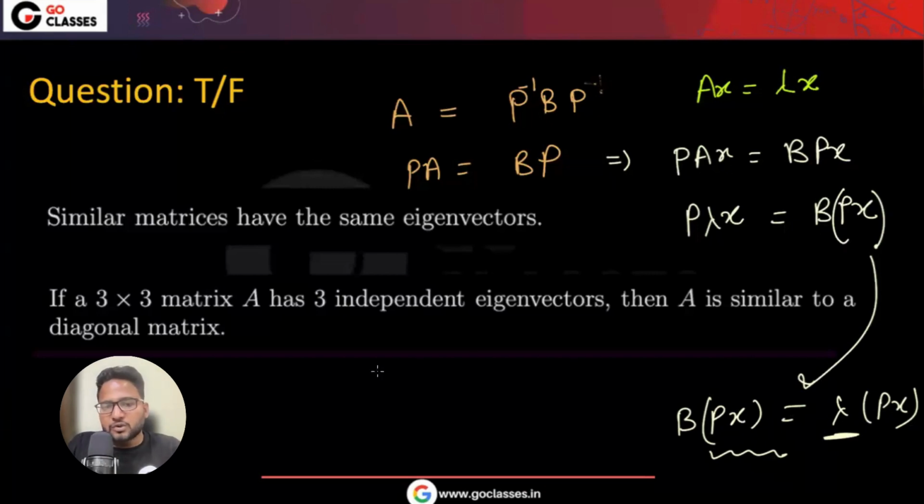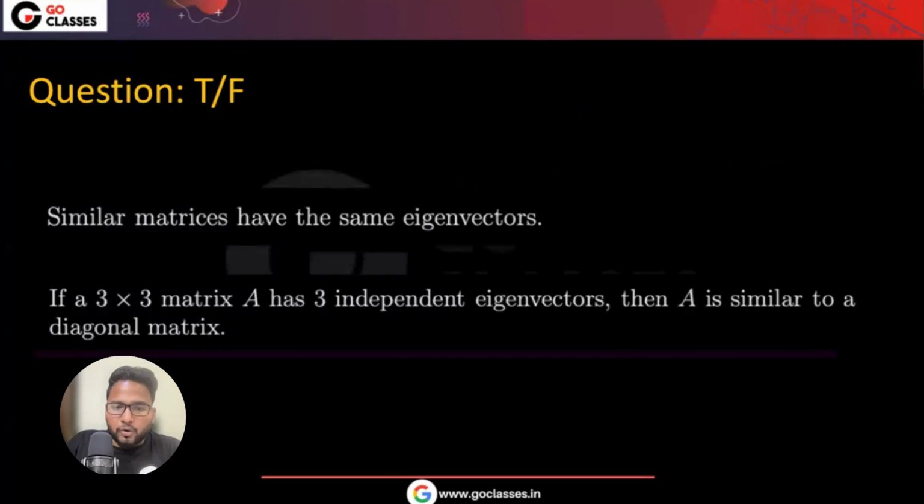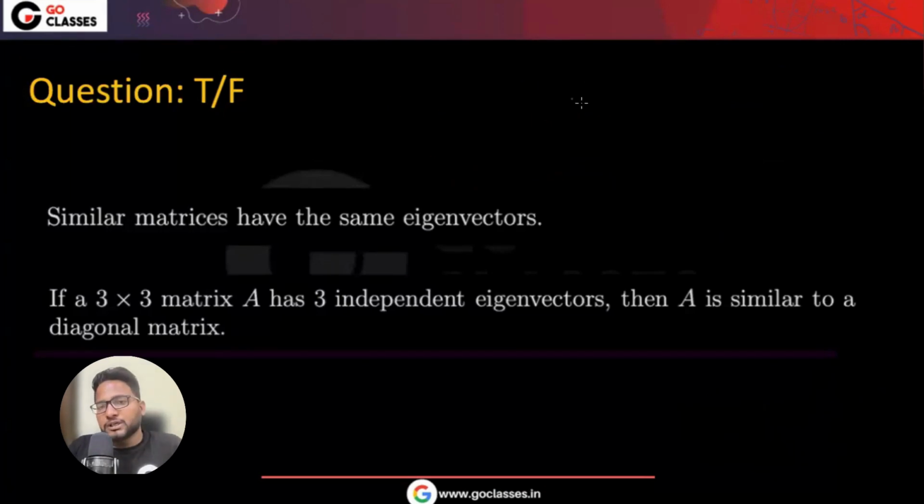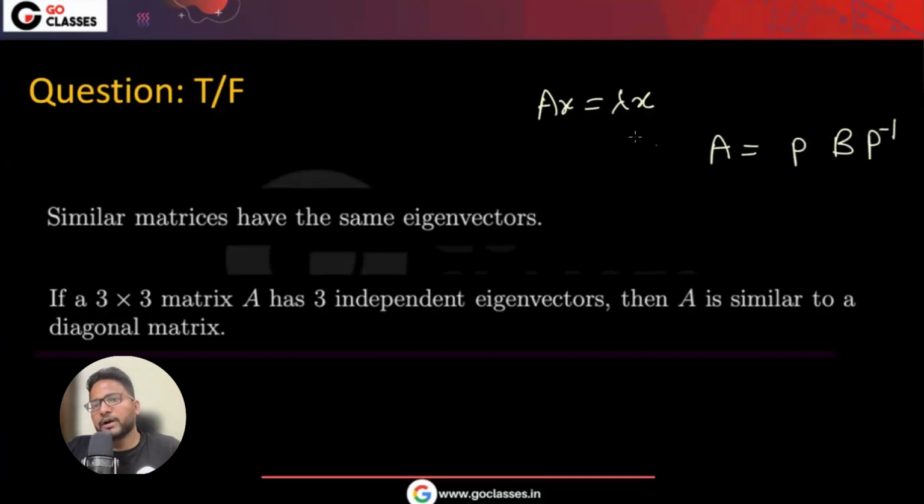Okay. So let's just do one thing. You don't look at this slide. Just try to see that if Ax equal to lambda x is given to you, and the other thing is that A and B are similar to each other, which means you can write it in whichever way you want, with the inverse here or without it.